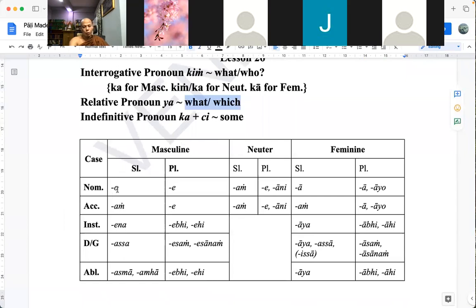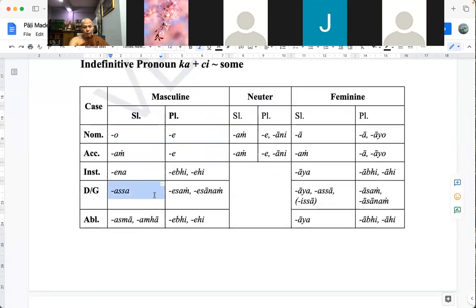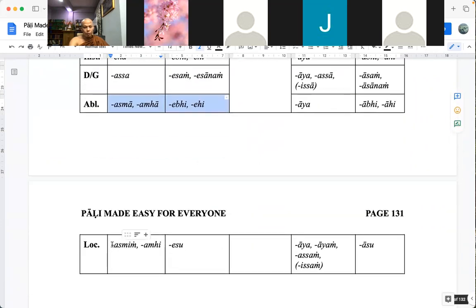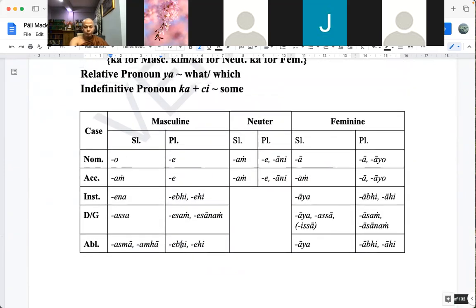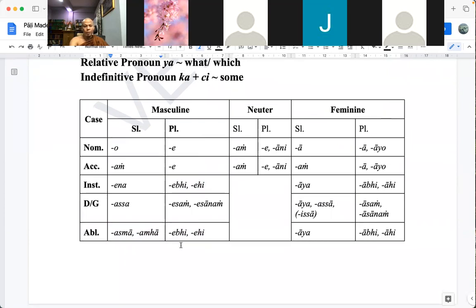Like yo, ye, yan, yena, yehi, yebhi, and yesa, yesan, yesanan, yasama, yama, yebhi, yehi, and then yesame, yami, yesu for masculine. Exactly the same. For the neuter also, actually yan, ye, yani, yan, ye, yani, the same.